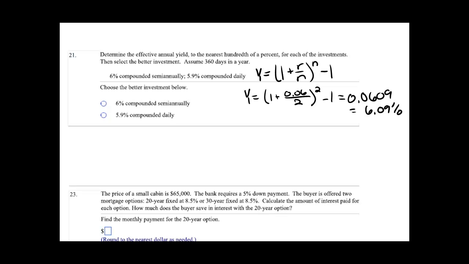And for our second option, of the 5.9% compounded daily, we're going to have 0.059 over 360 to the 360th power minus 1. And when we put that in our calculator, we will get 0.06077, which is 6.08%.